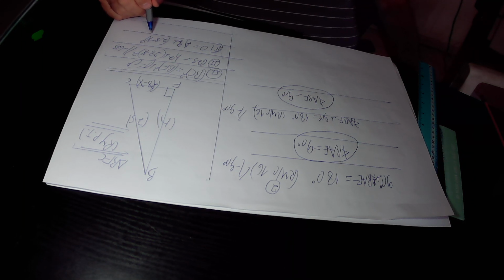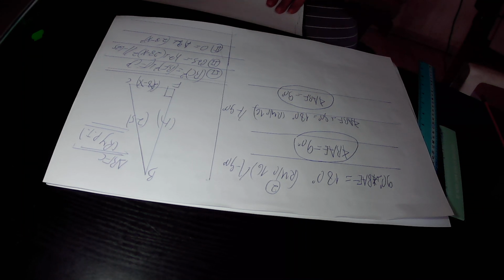Here we open the brackets on this side of the equation, and finally we get that 0 equals 8 squared plus (28 minus x) squared, where (28 minus x) squared equals 28 squared, that is 784, plus x squared minus 2 times 28 times x, that is minus 56x.